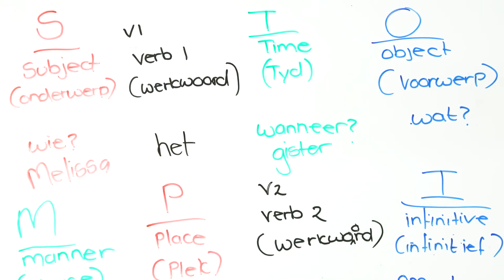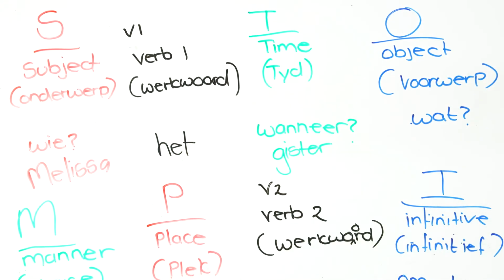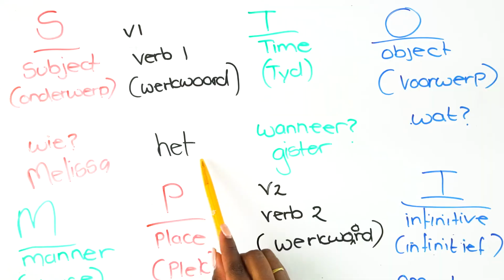Was kan ook 'n eerste werkwoord wees. Your first verb would be like het, is, was. If we're going to have two verbs in one sentence, they can't both be action verbs. One must be at least a het or an is or a was, and the second one will be our actual verb.